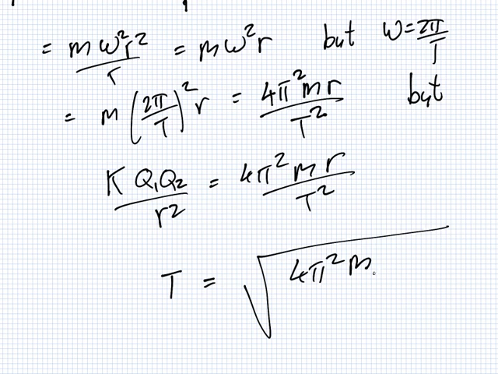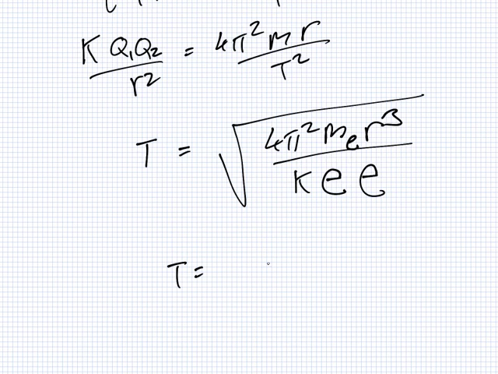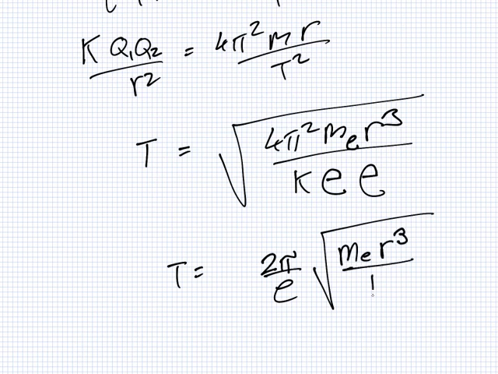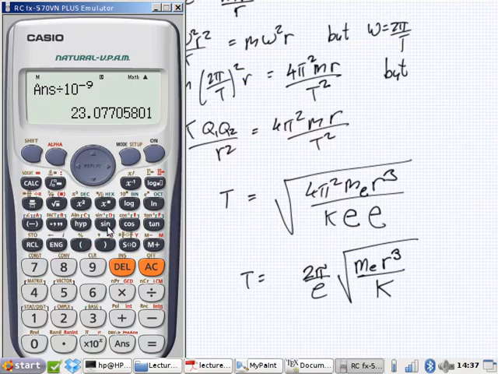This is for the electron, r cubed over k, and the charge is e and another e, which is e squared. So we can simplify this down a little bit. T equals 2 pi over e, square root of mass of electron r cubed over k. This is as simple as I can make it before I have to put numbers in, which I will do right now.